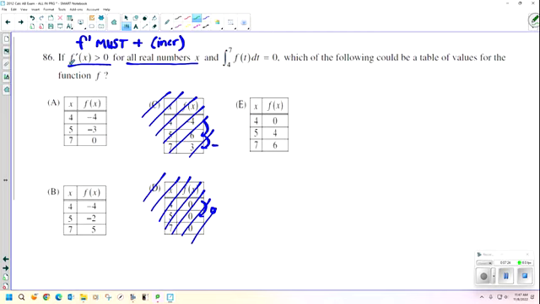And this is where we're going to look at this right here. Integration is the same thing as area under the curve. Okay, and that's the way we're going to look at it. The area under the curve needs to be 0. And you might think to yourself, well, area is never 0.